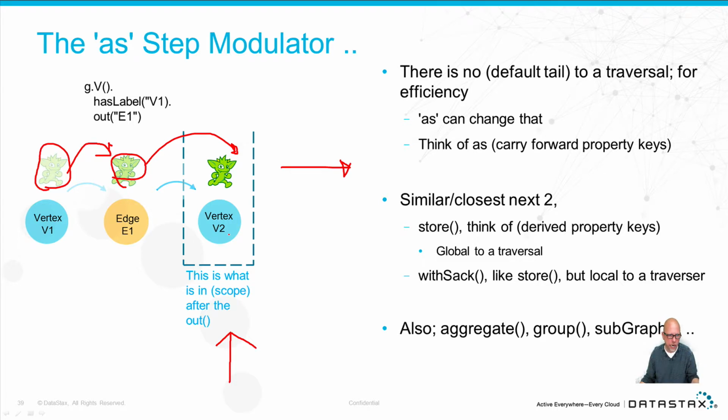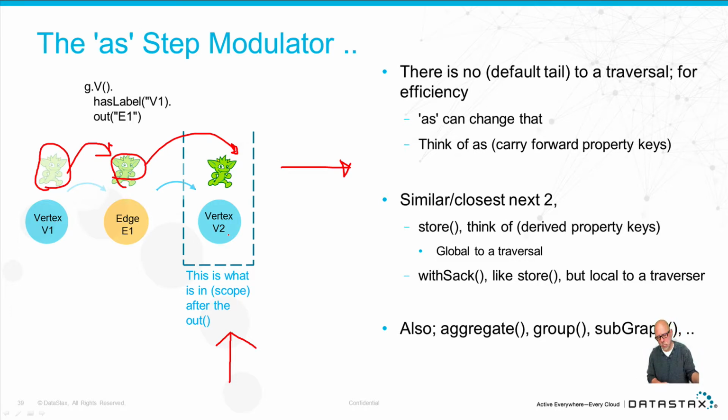And how you have them is use the as word, or the as step. So there is no default trail for a traversal, which is a good thing because it wouldn't scale. It would be awful from a performance standpoint. But if you do need those attributes, you can easily and without penalty, as long as you need them and you're going to use them, carry them with you through the traversal using as.